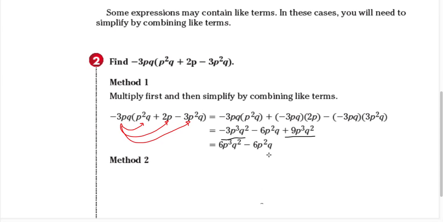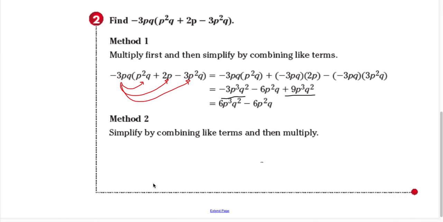Okay, method 2. We combine the like terms first and then we multiply. So we copy the problem and combine the like terms p squared q and negative 3p squared q, and we end up with negative 2p squared q and 2p. Okay, so we combined these two terms right here, and end up with negative 2p squared q.